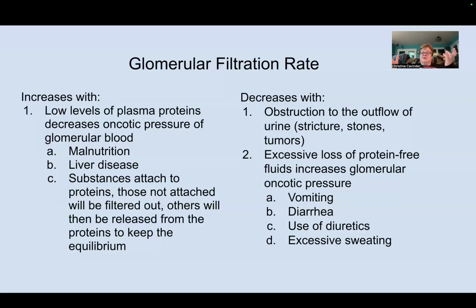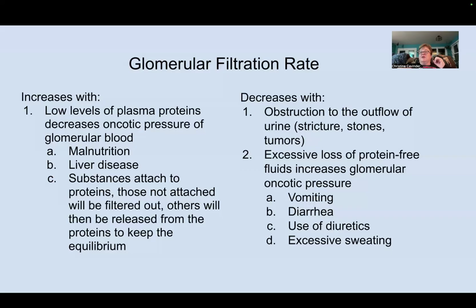So it tries to keep an equilibrium of the free substance. When I talk about substance, I want you to think of a lot of things that will attach to albumin. A lot of medications will attach to albumin, or a lot of waste products will be attached to albumin, and then you'll have that steady state.